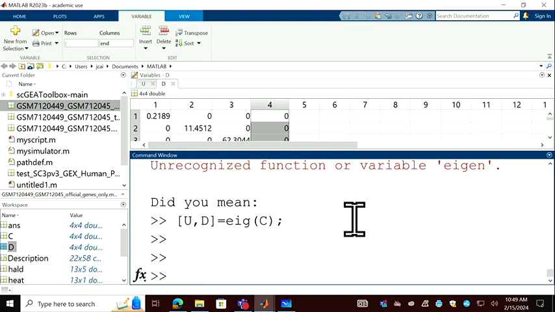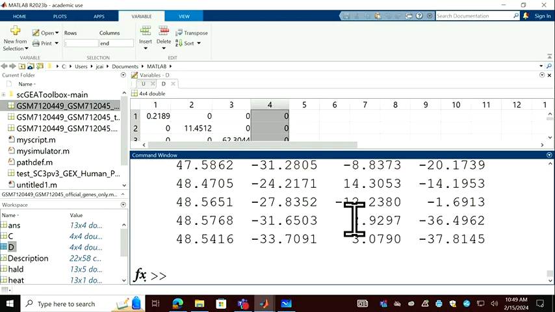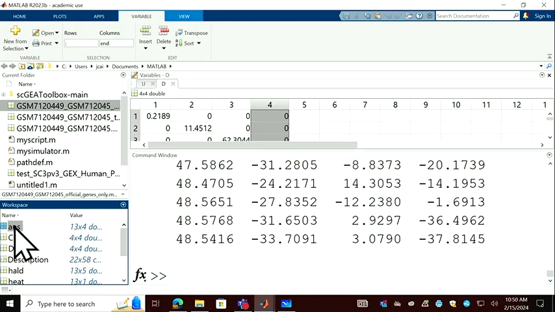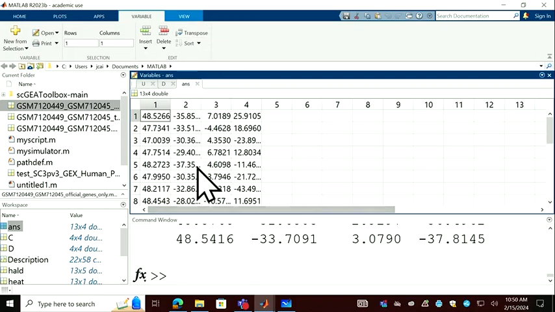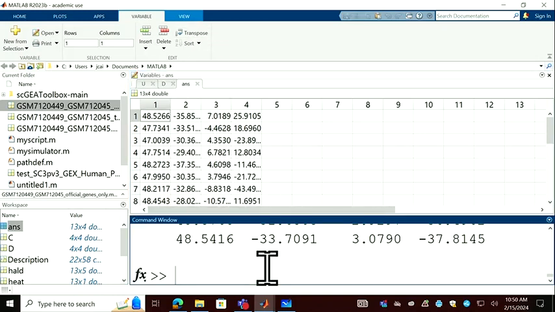I need to put X in front, times U. This will transpose your data, and probably we will do a transposition again, but that will be the new coordinate system after you rotate the original data. So the answer will be 13 by 4. This is the rotated data, okay?